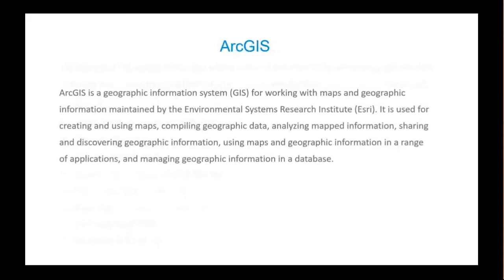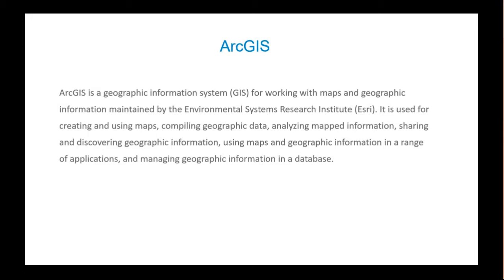So the first thing that we want to take a look at is, what is ArcGIS? ArcGIS is the Geographic Information Systems, which most people think of, in terms of GIS, as working with maps and geographic information that's contained within specific environments.